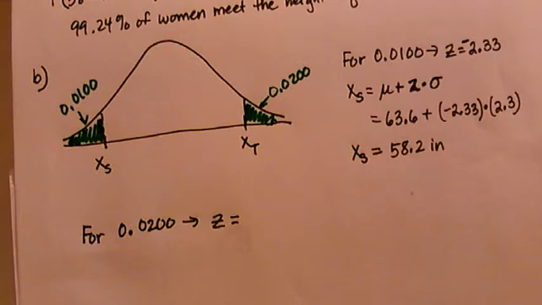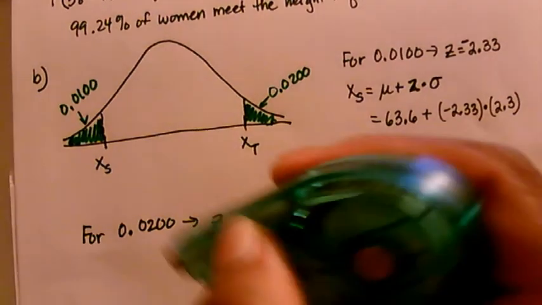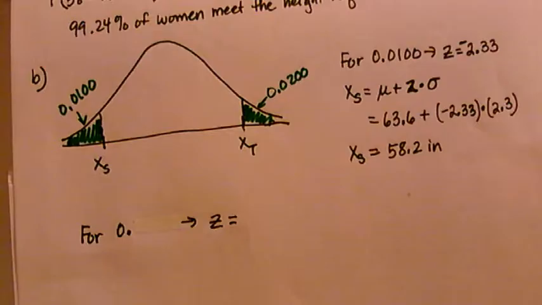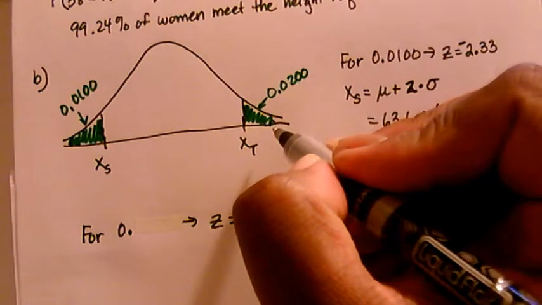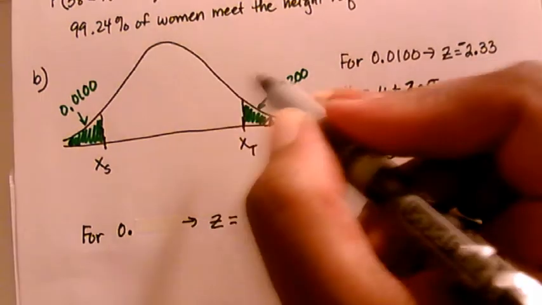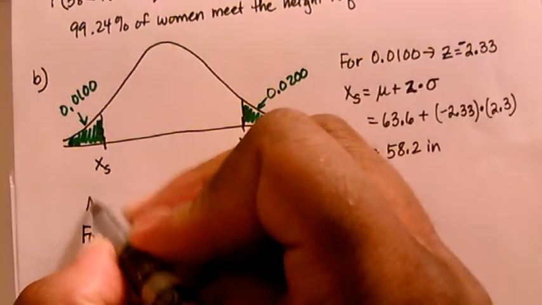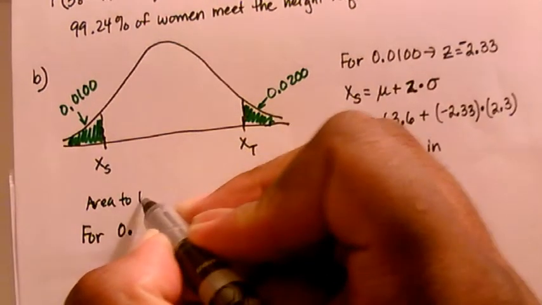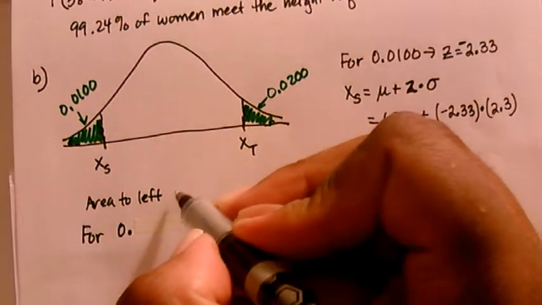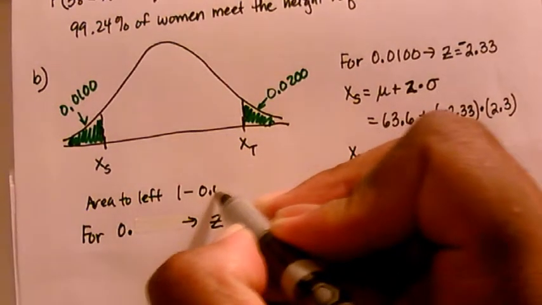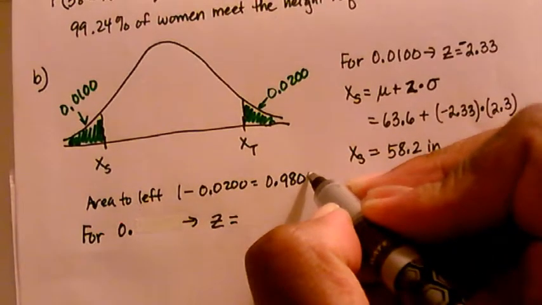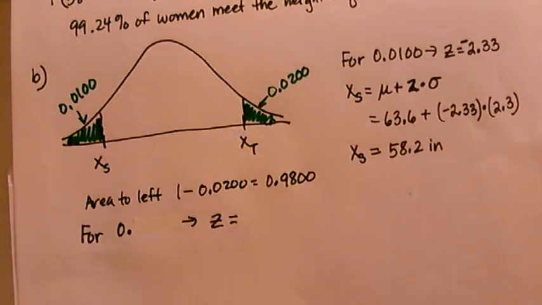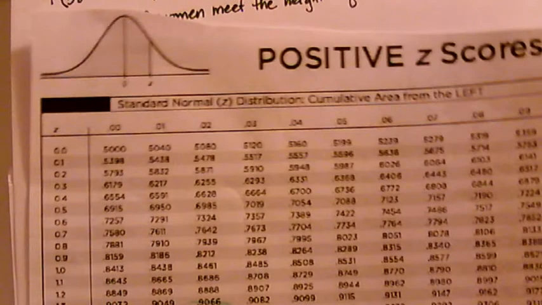Want to know why we can't use 0.0200? This represents the area to the right. If we're going to use the table, we need the area to the left, which is 1 minus 0.0200, and that's actually 0.9800. So we have to use 0.9800, and this time we're going to be using a positive z-score.